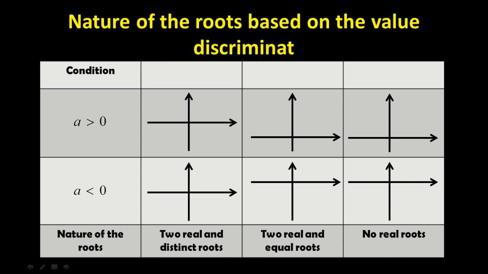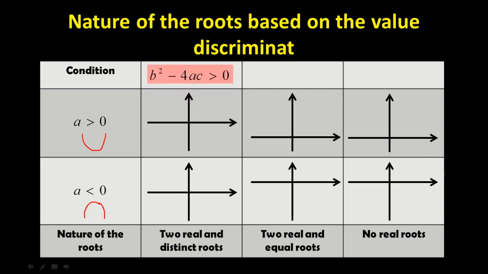When we have a quadratic equation, when the value of a is greater than 0, that means we have a smile graph, right? And when a is less than 0, in other words, a is negative, we have a sad graph, masam graph.